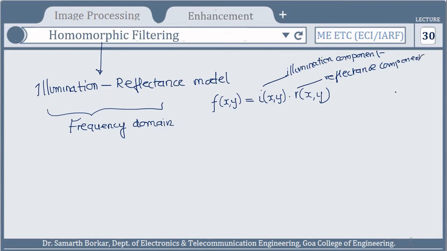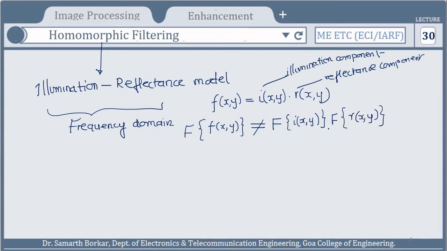The low frequencies are associated with illumination and high frequency coefficients are associated with reflectance component. This is most important. Now we cannot directly take the Fourier transform, since f of x comma y is not equal to the Fourier transform of I of x comma y into Fourier transform of r of x comma y.